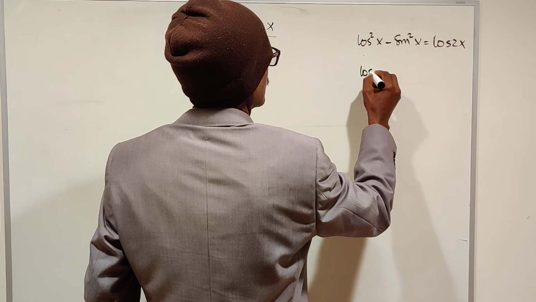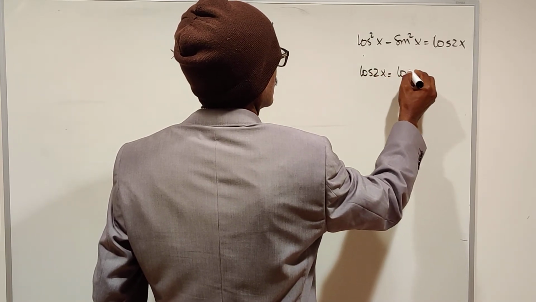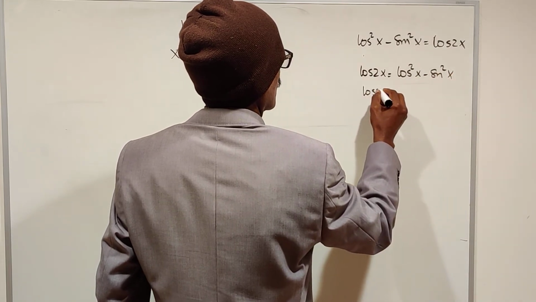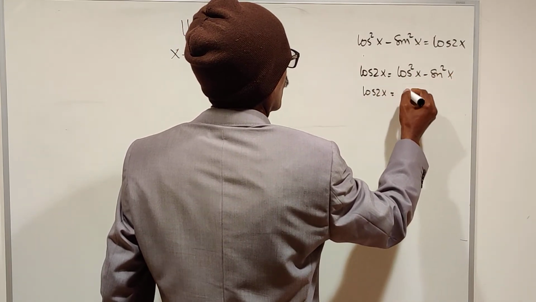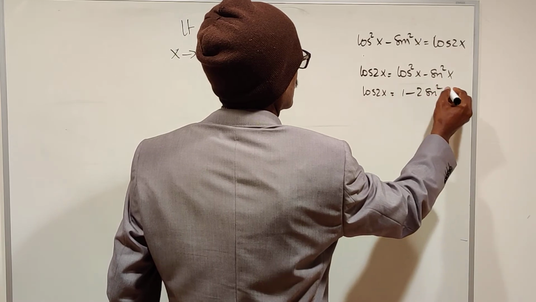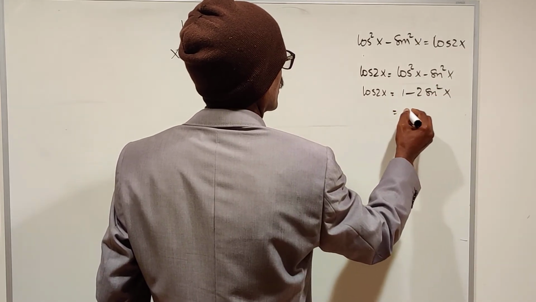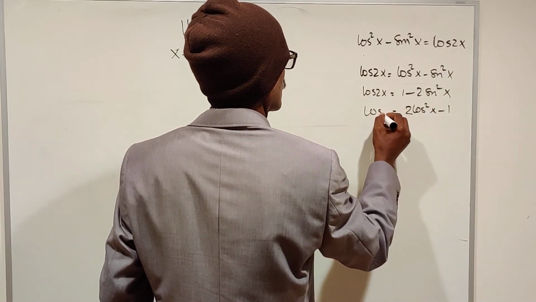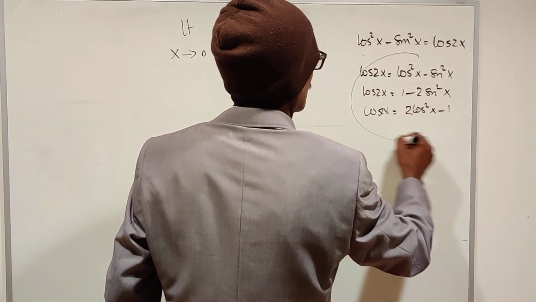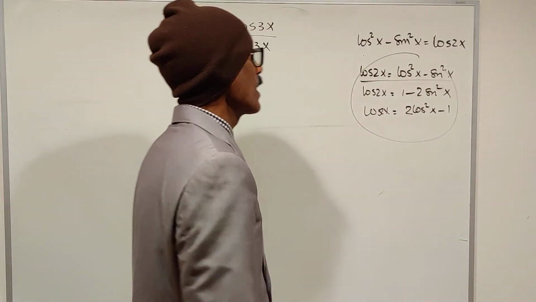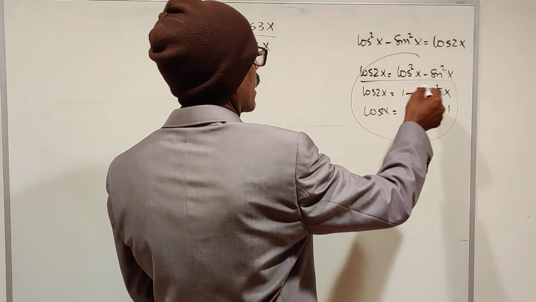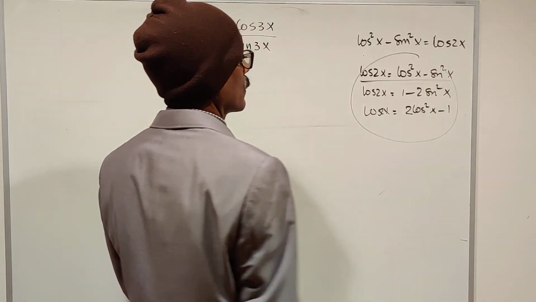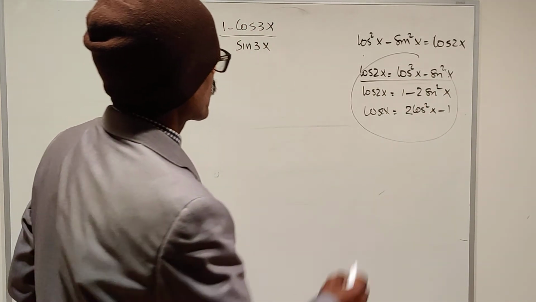Another formula, cos 2x equals 1 minus 2 sin square x. Another formula, 2 cos square x minus 1. That is also cos 2x. There are three formulas. You need to learn only the first one, then you can derive the other two formulas from it.